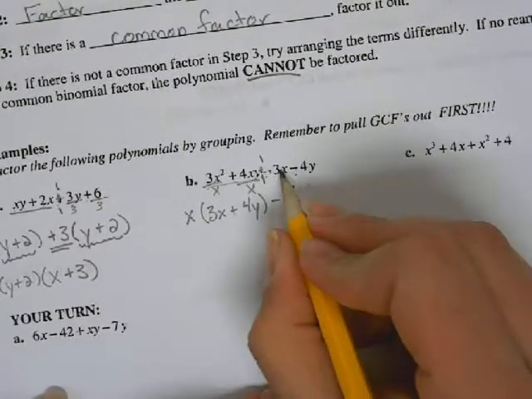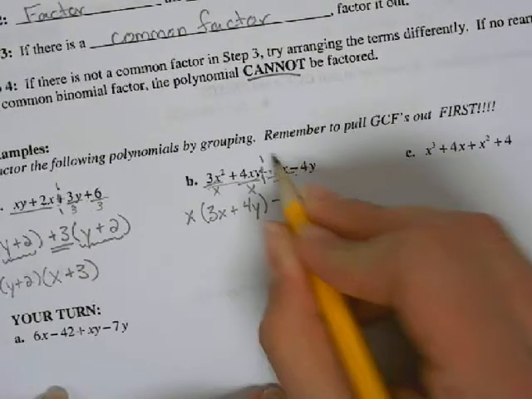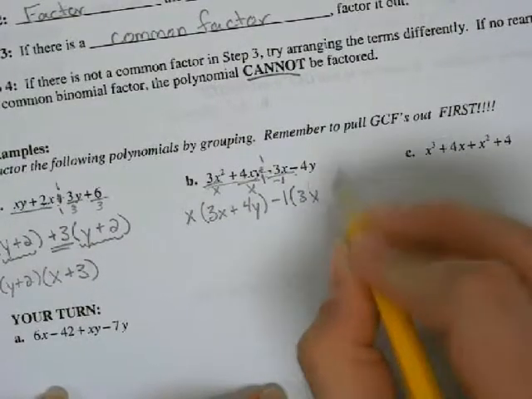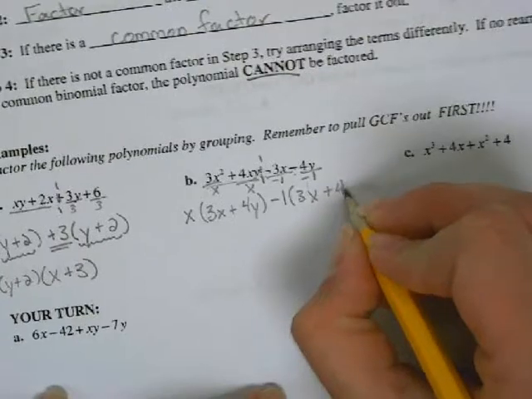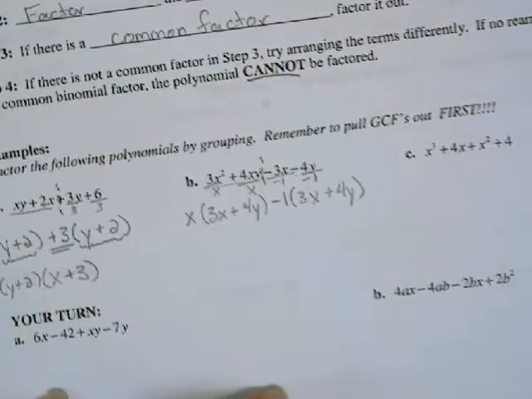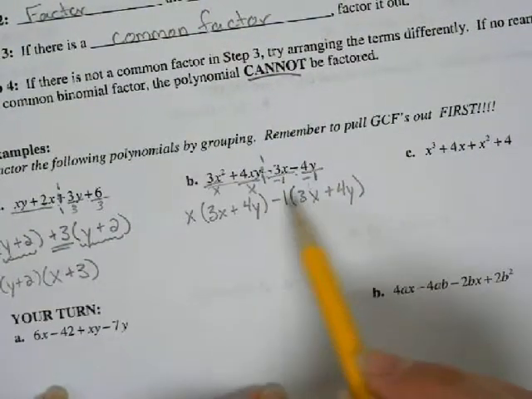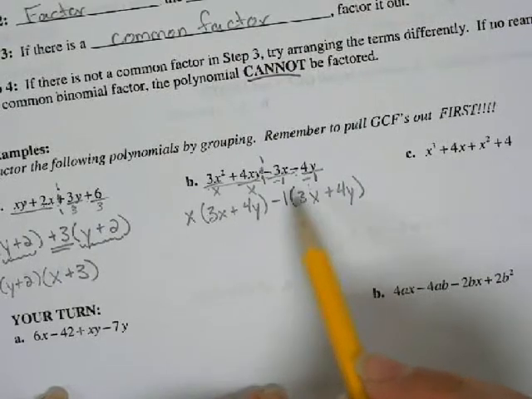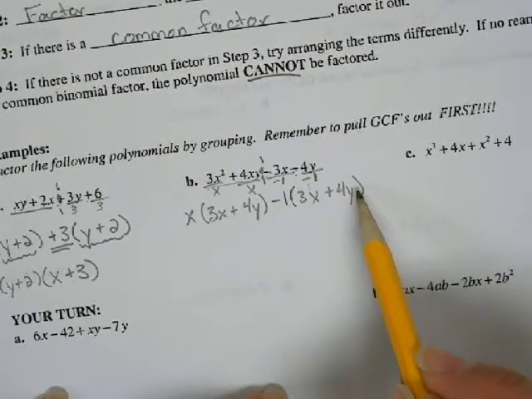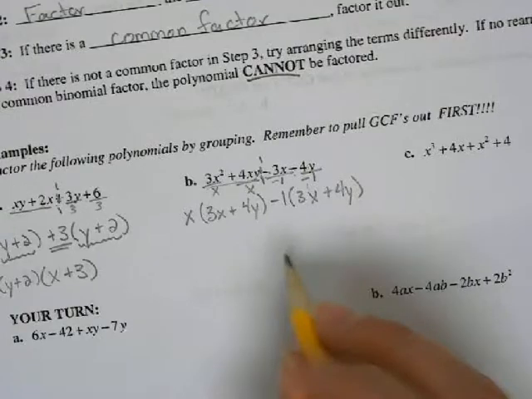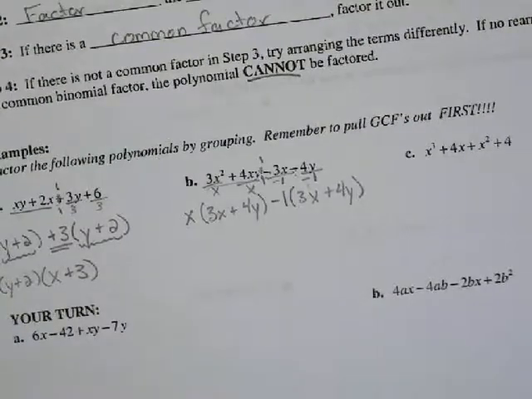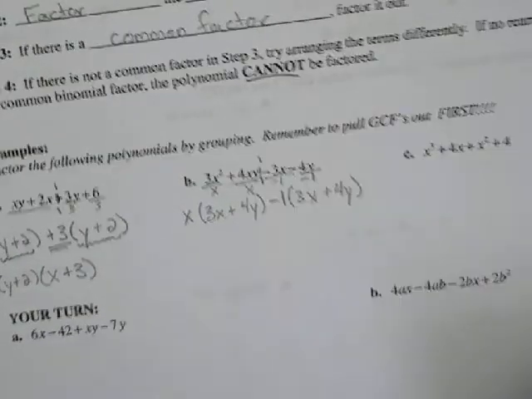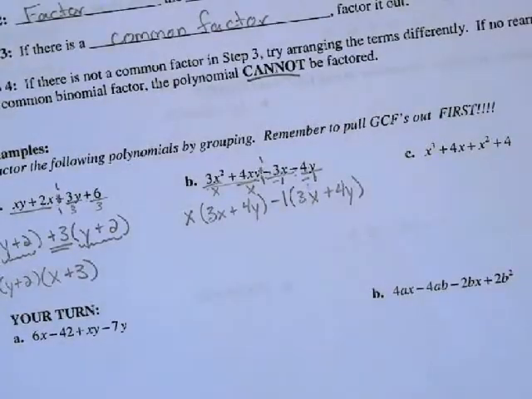Because if I divide this by negative 1, I now have positive 3x. And if I divide this by negative 1, I now have positive 4y. You can always double check these by multiplying it back in. If I did, I would get negative 3x and a negative 4y. So that allows me to take a GCF out, even though there really is no common factor between 3 and 4 or x and y. I can always use 1.